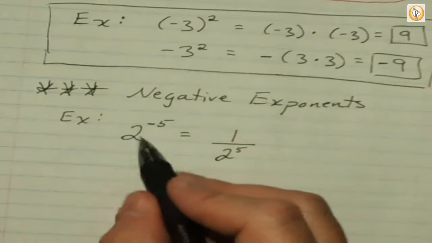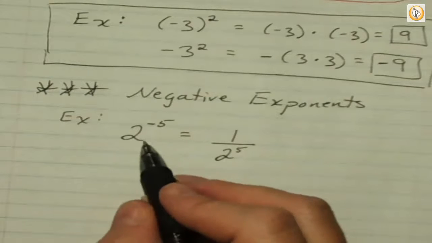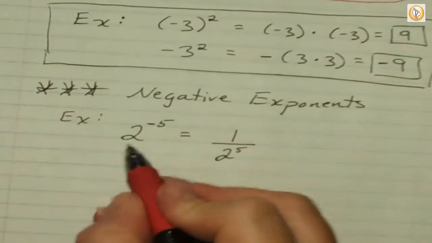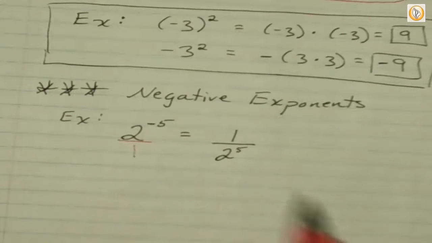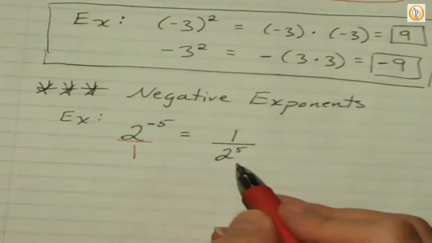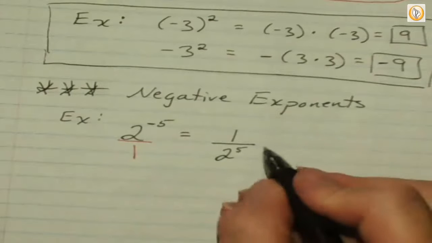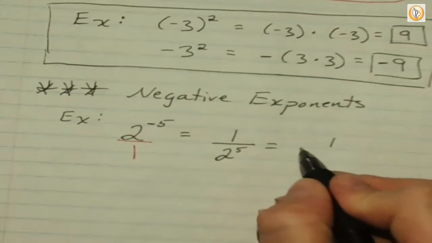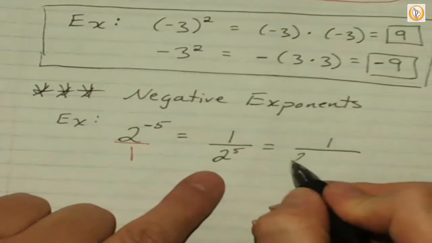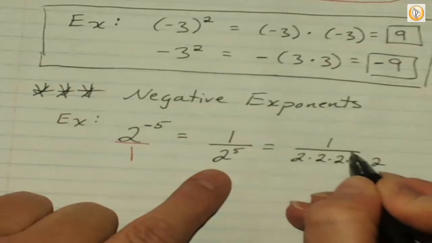If I ever want to make a fraction, I'd put it over 1, correct? Then if you want to get rid of that negative exponent, put it on the bottom. Flip it, exactly. Now it's 1 over 2 times 2 times 2 times 2 times 2.